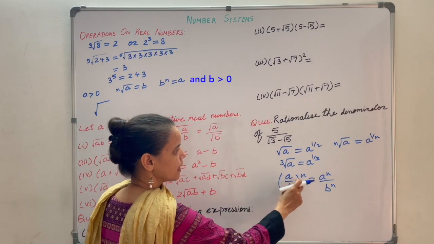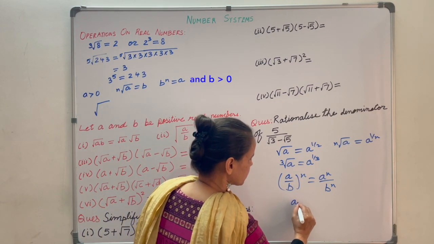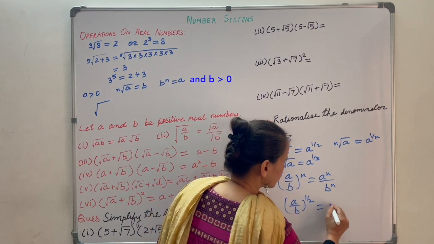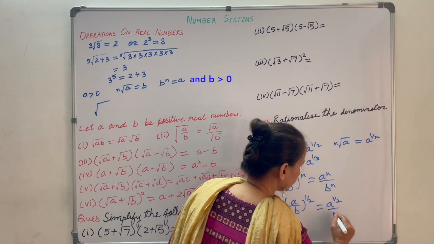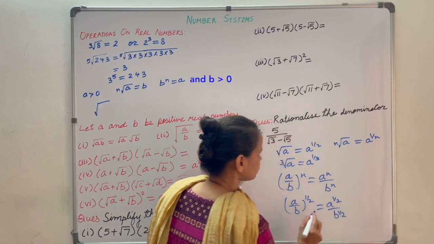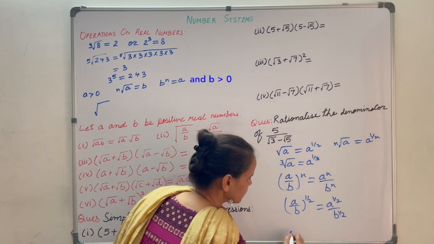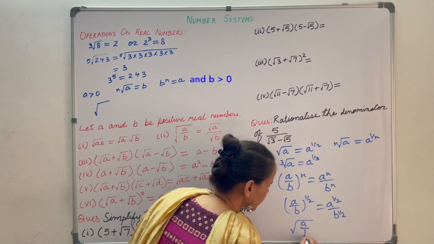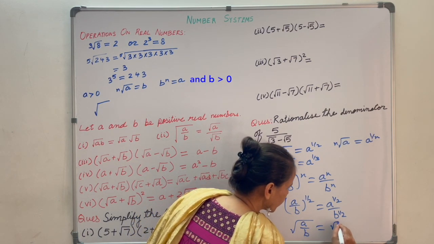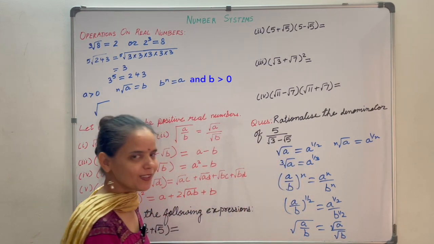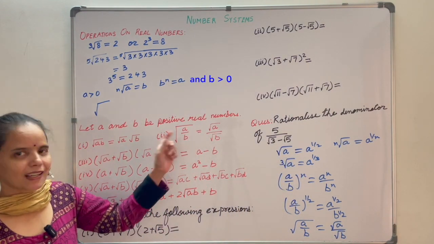And let us replace n by 1 by 2. So here you have a by b whole raised power 1 by 2 is equal to a raised power 1 by 2 upon b raised power 1 by 2. So using this logic again here we can rewrite this as square root of a by b is equal to square root of a upon square root of b. So is it clear now, this identity?